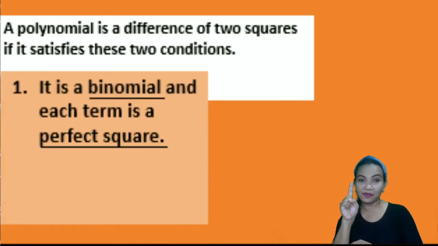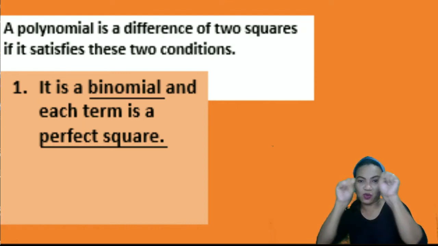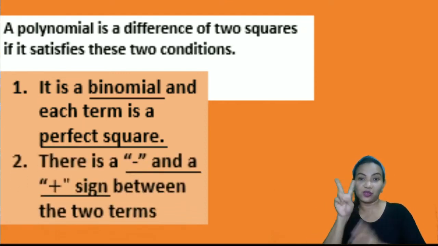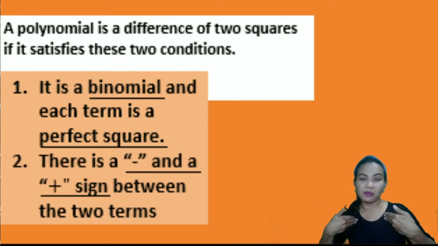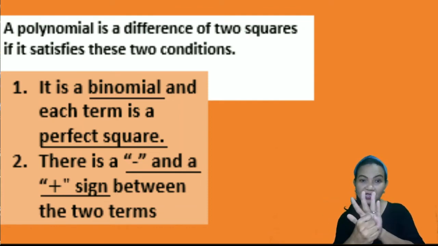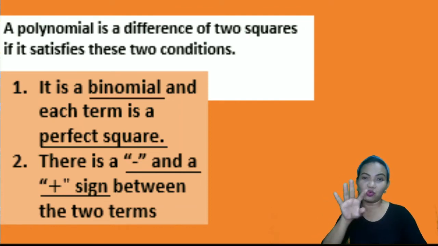Number 1, it is a binomial and each term must be a perfect square. Number 2, there must be a minus or negative and a positive sign between the two terms.